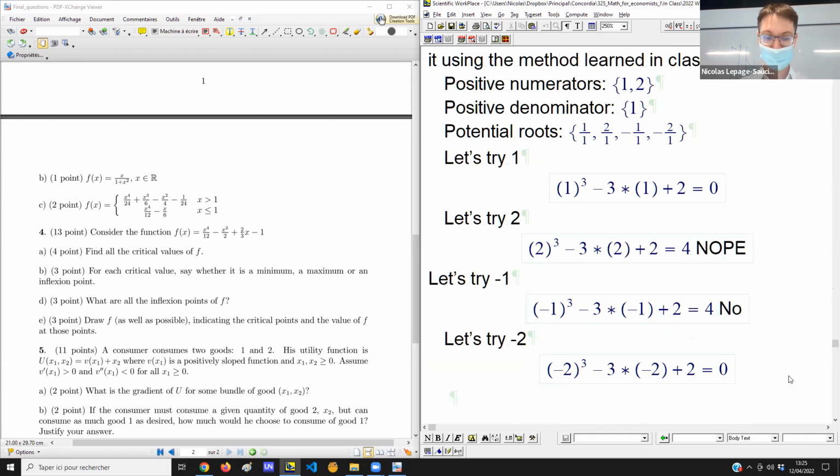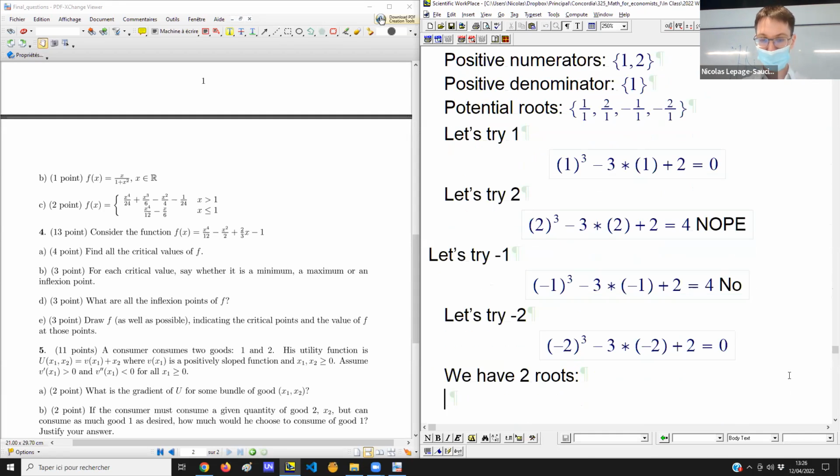So -2 and 1. So what was the question again? Find all the critical values.